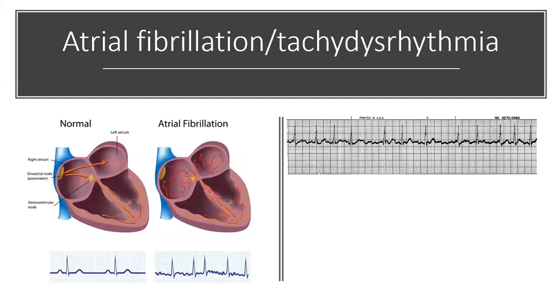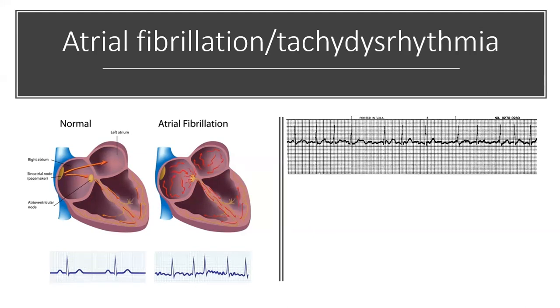Speaking of AFib, here we come. AFib is one of our tachydysrhythmias. Ventricular and atrial rate is 300 to 600. Ventricular rate is usually 120 to 200 if it's untreated AFib. Ventricular and atrial rhythm is highly irregular. When you see this, it's the one that looks like it's just skipping a beat.